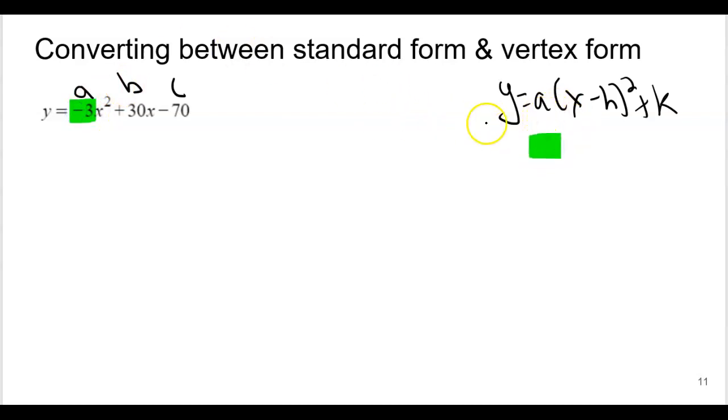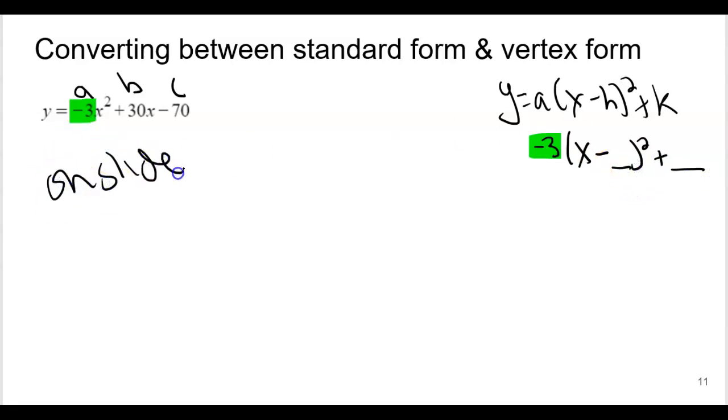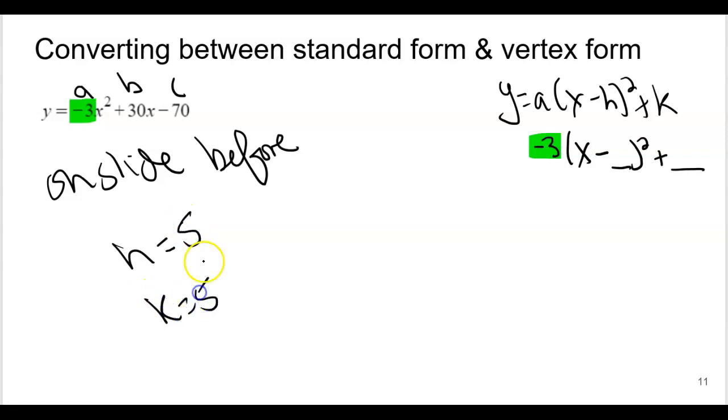So we can just go ahead and put that in there. I need an h and I need a k. This was the same problem we did on the slide before. We found that h was 5 and k was 5. So that means I'd put a 5 and a 5.